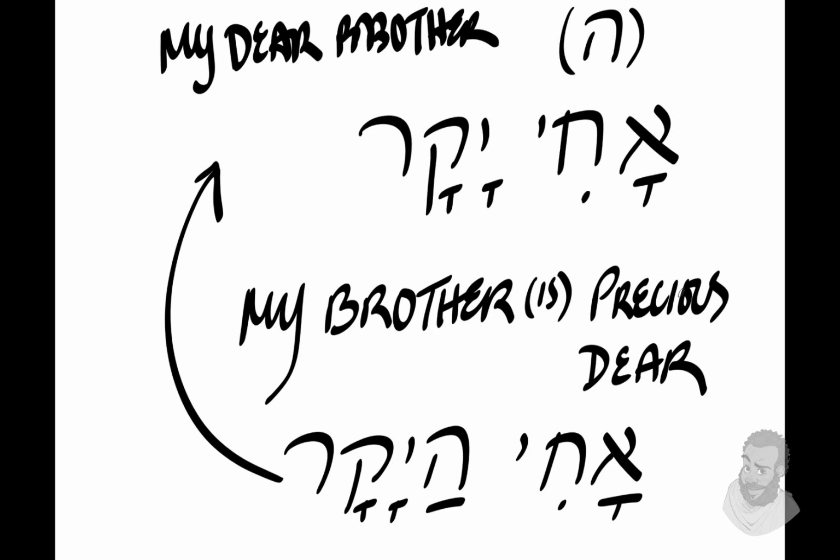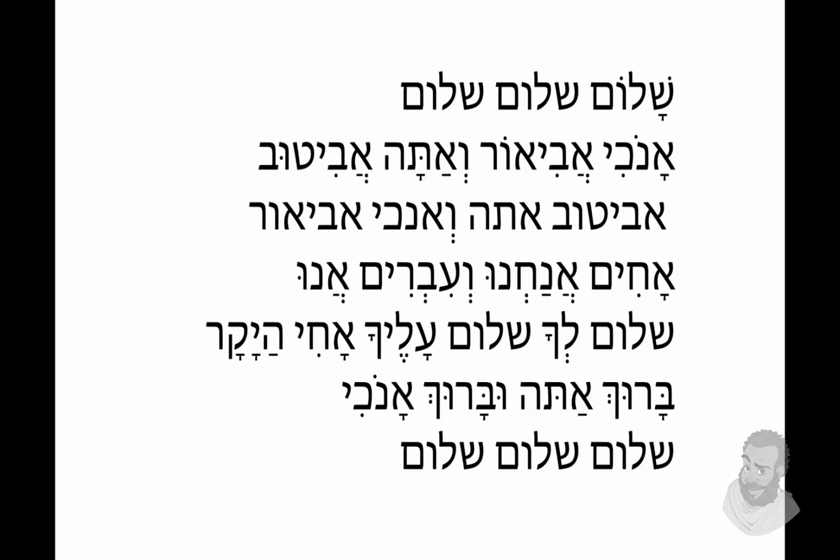We'll cover this in another lesson, but I just wanted to gloss over it. So, okay. So we have here Baruch Ata. Remember, that means blessed are you. Baruch Ata. Uvaruch Anochi.